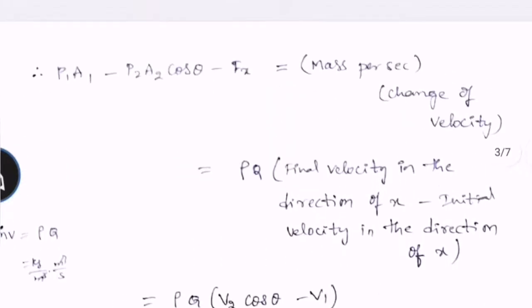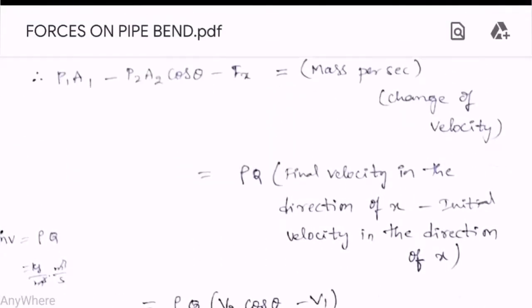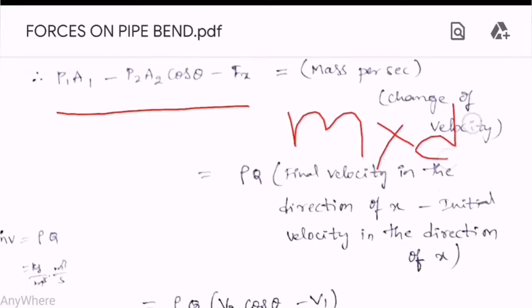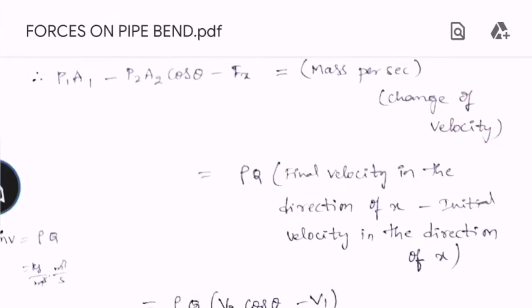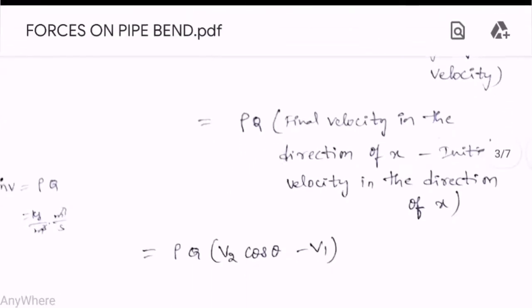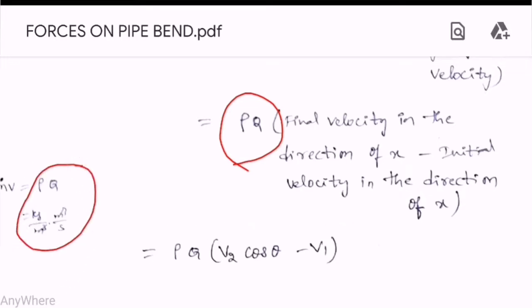So I am writing it as: P1A1 minus P2A2 cos theta minus Fx is equal to mass per second into change of velocity. That is the impulse momentum equation, right? Mass per second can be written as rho into Q. The units of rho into Q, as discussed, are kg per second, so that is mass per second.